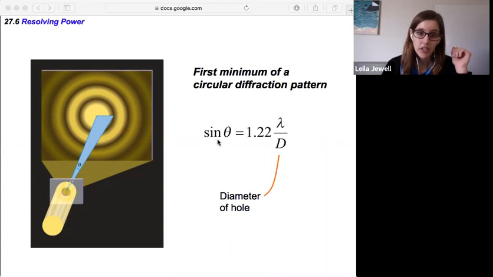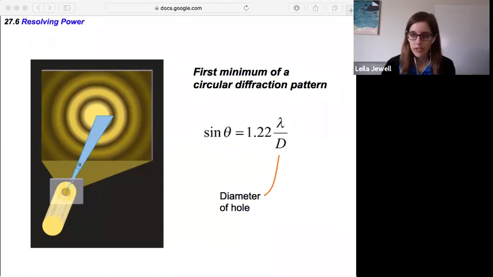That condition is given by sine of theta, where theta is the angle from the midpoint out to that dark fringe, equal to 1.22 times lambda divided by d, where d is the diameter of this hole. So it's yet another equation, but this tells us about a circular diffraction pattern, and it only gives us the first minimum. We won't worry about any higher minimums, just this first one.